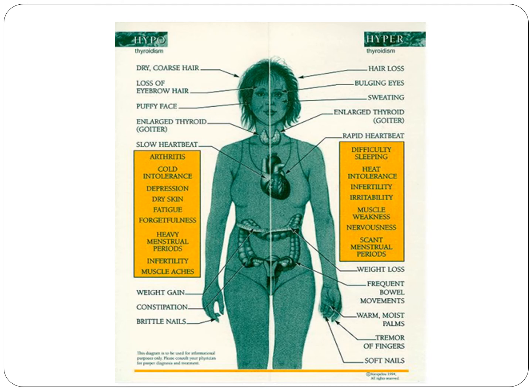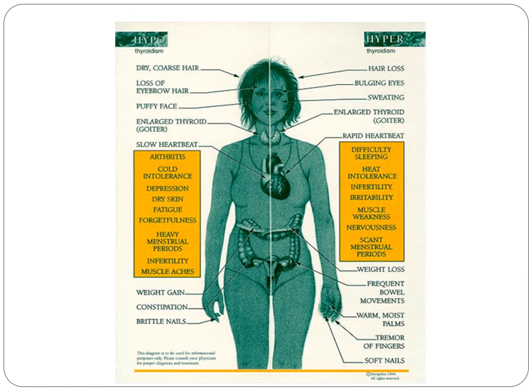And the main clinical features in hypothyroidism are arthritis, cold intolerance, depression, dry skin, fatigue, heavy menstrual periods, infertility, and muscle aches. These are the main clinical features we can notice in hypothyroidism. And weight gain, constipation, and brittle nails.